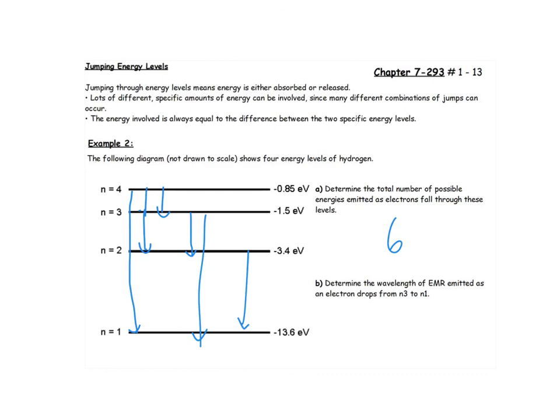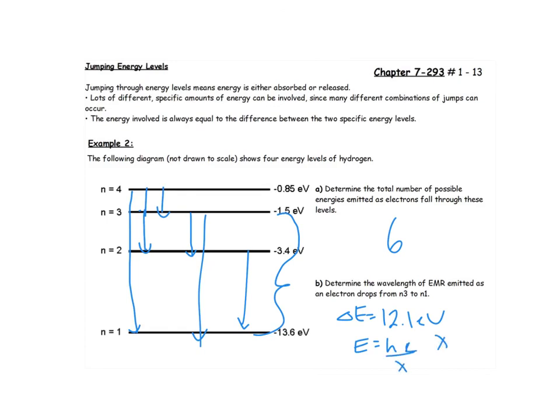Now we could also look at the energy. So if we look at from 3 to 1, that change in energy is 13.6 minus 1.5, which is 12.1 electron volts. E is equal to hf, or I guess it wants wavelength, hc over lambda.